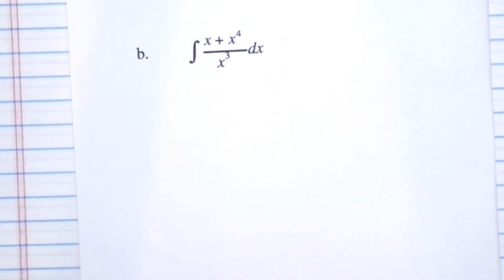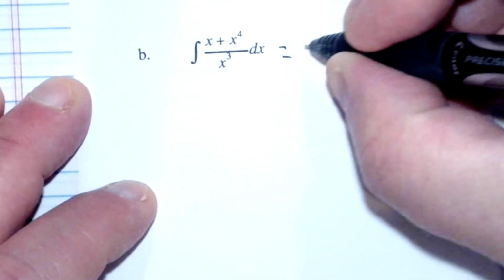So let's look at our next example. We've got the integral of x plus x to the 4th over x cubed. You do not integrate the numerator and denominator separately. If you're asked to integrate this, you would not integrate them separately. So what can you do? Well, you can rewrite this.